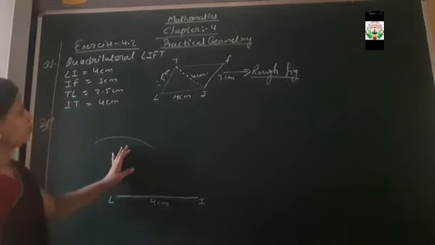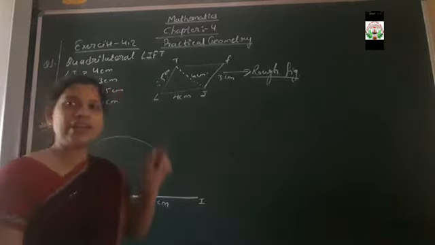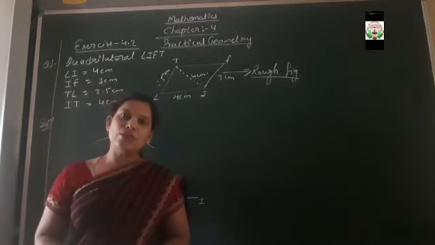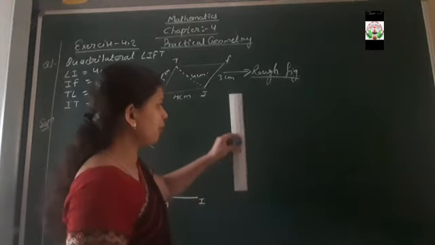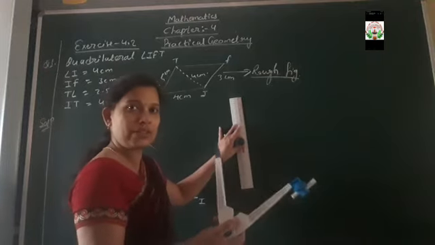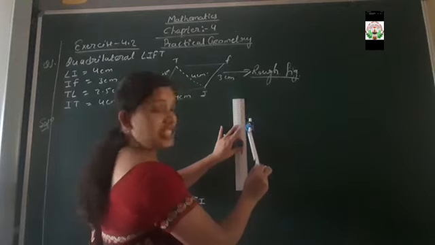Then next we are going to see IF. How much measurement do we have? IF is 3 cm. Again we measure 3 cm on the mouth of the compass. How to measure it? Keep the scale on the copy, keep the compass needle on 0 of the scale and stretch the pencil part.